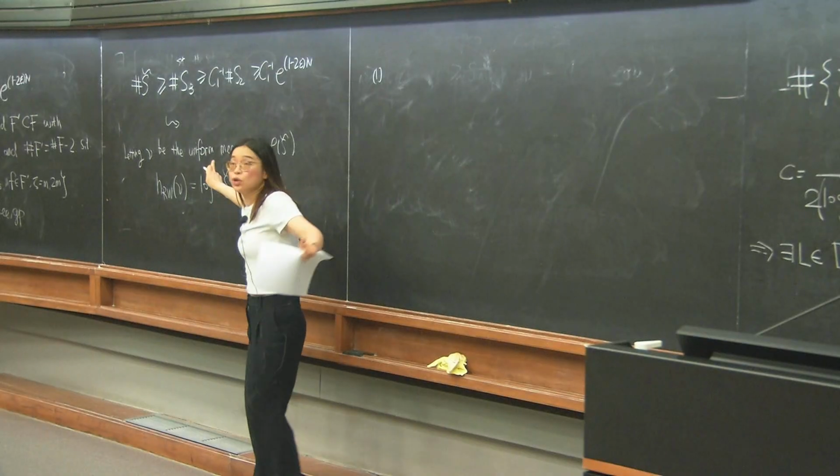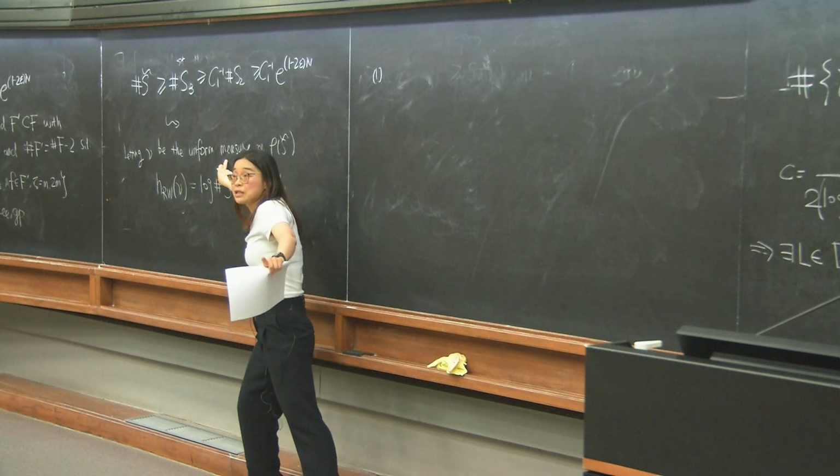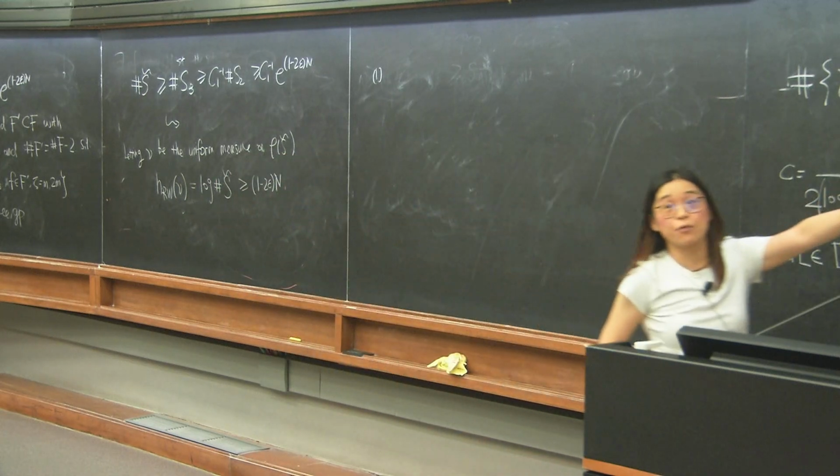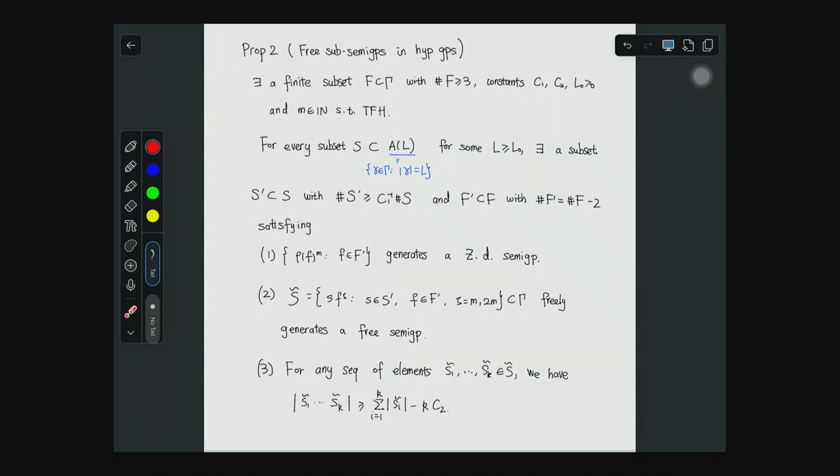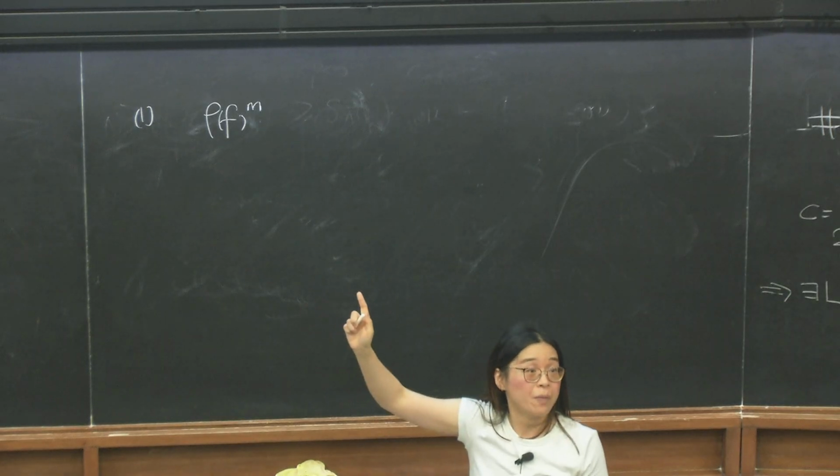Now I have this uniform measure, and I want to check these three properties. Recall that proposition 2 tells me that if I use the word rho F to the M, it gives me a Zariski dense free subgroup.